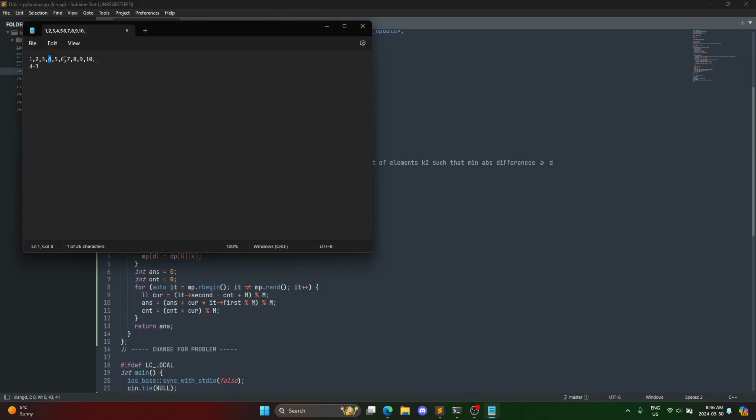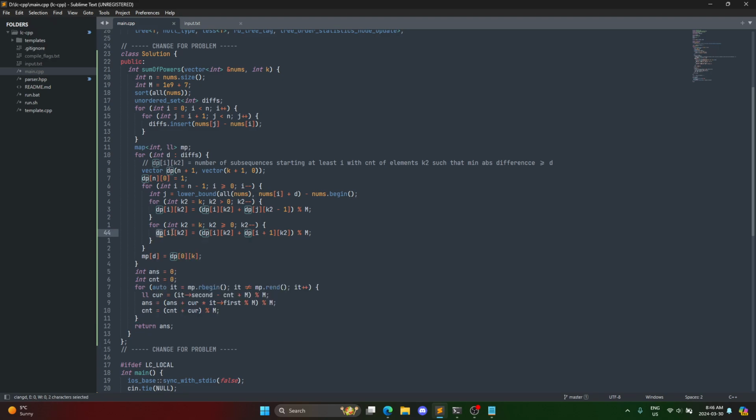So if I was at 4, add the answer for 7. And notice the second for loop is I just add, at the last position, the same count of elements with the same difference. I just add it to this index. So again, it acts like a prefix sum.